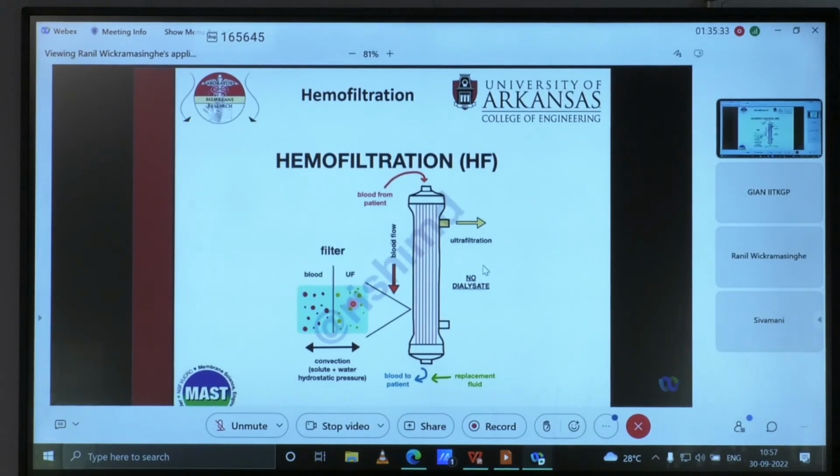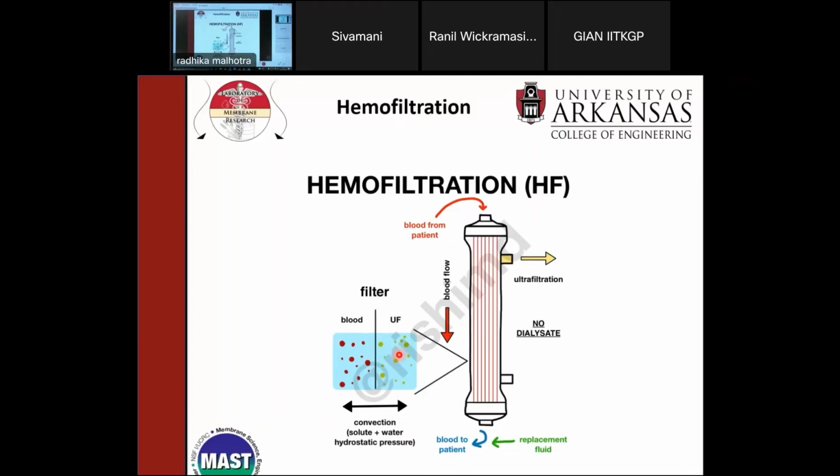In removing these species, you're also removing solvent, and solvent is water and other plasma proteins. So you've got to put the water back for sure. Otherwise, the patient is going to lose blood volume. So you've got to put in a replacement fluid. The downside with hemofiltration is you're also removing small molecular weight species that you may not want to remove. So you're going to have to find a way to put them back in, or put in synthetic replacements.